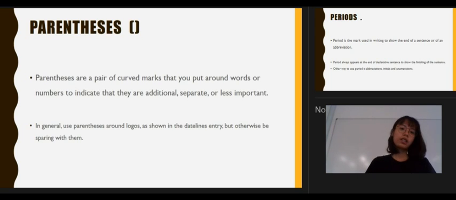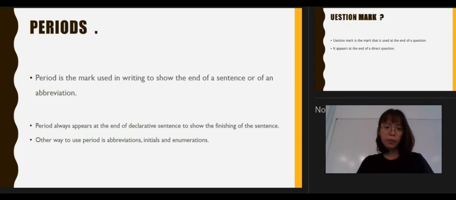The parentheses are a pair of curved marks that you put around a word or a number to indicate that it is additional, a surprise, or less important. In journalism, use them around logos, actual names in a tagline intro, but otherwise be sparing with them.